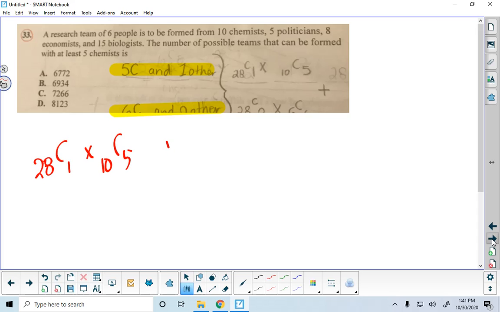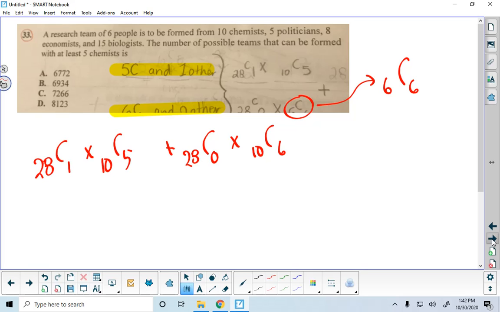And then you have plus, and you said, well, if there are 0 others, that's 28, choose 0. And I think this is where the mistake was made, although I can't quite see what you've got written. It looks as though what you wrote here was 6, choose 6. But what you should be writing is 10, choose 6. We need to choose 6 chemists out of the 10 chemists.